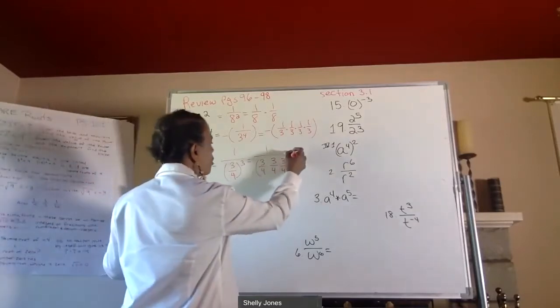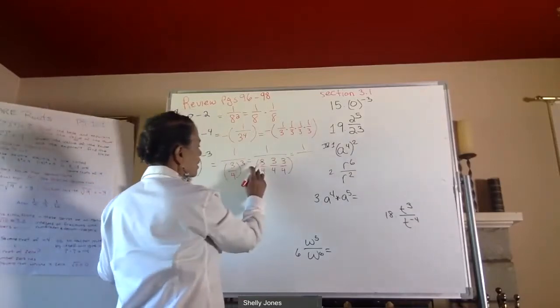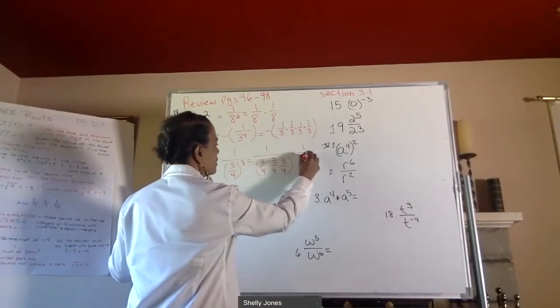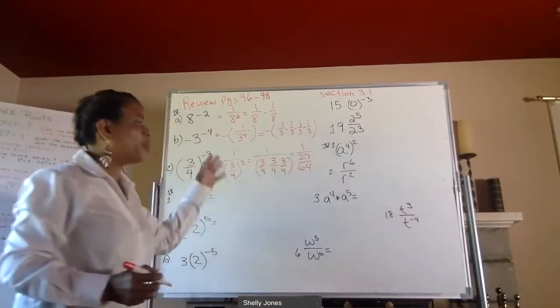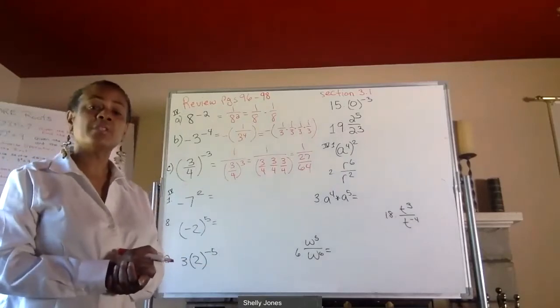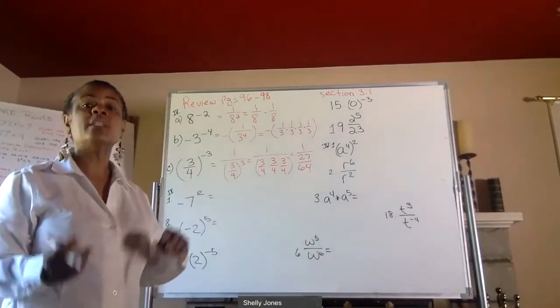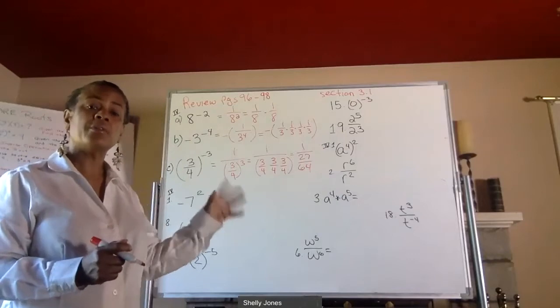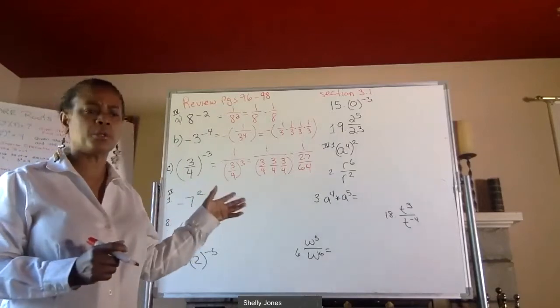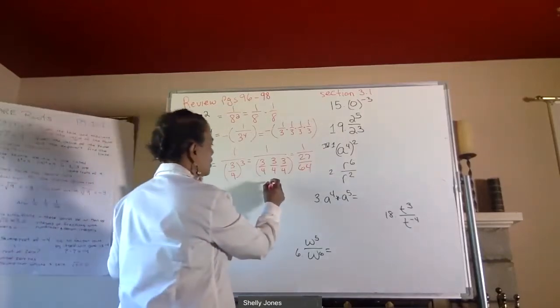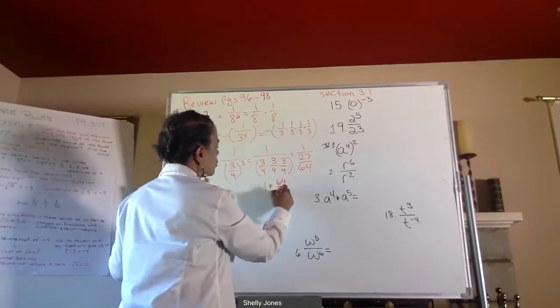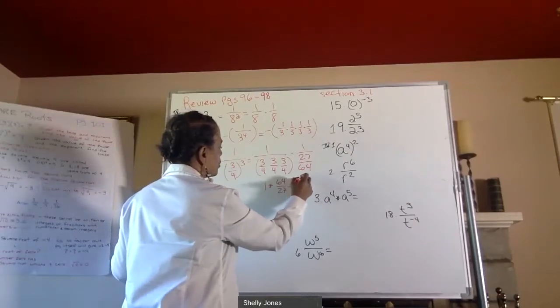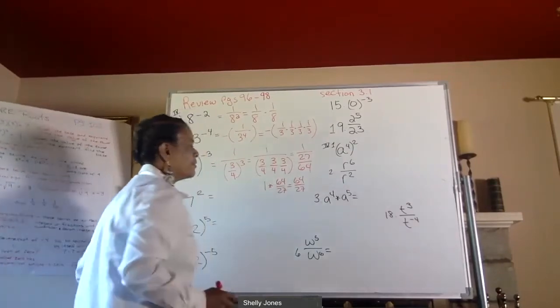So if I have 1 over 27 over 64, 1 divided by 27 over 64 is the same as 1 times the reciprocal. So in this case, I want to simplify this just a little bit to show you that this is equal to 1 times 64 over 27, which would, of course, be 64 over 27.